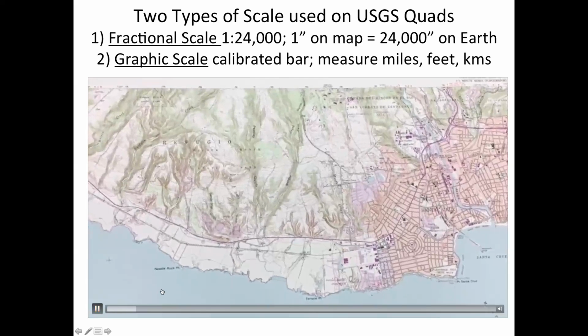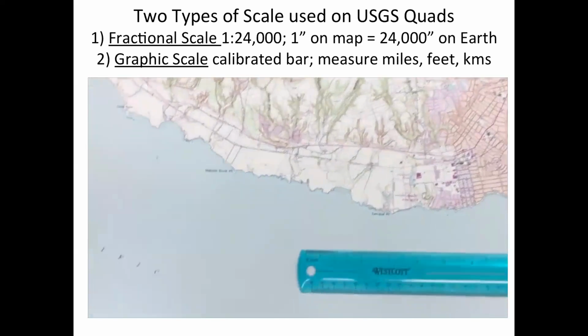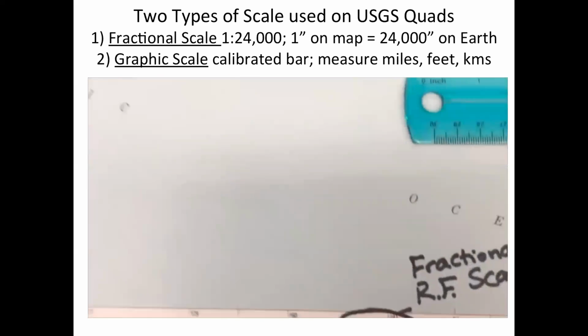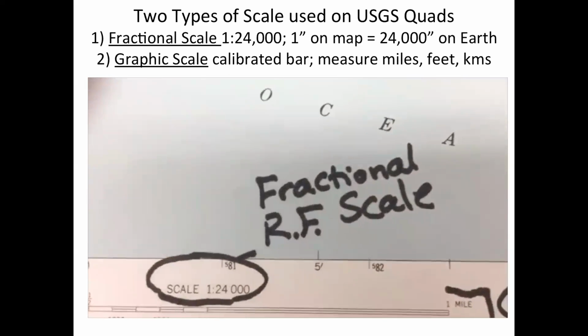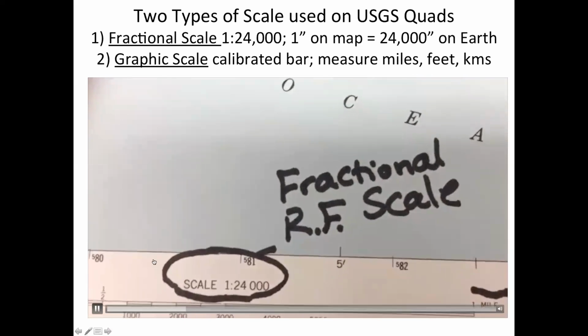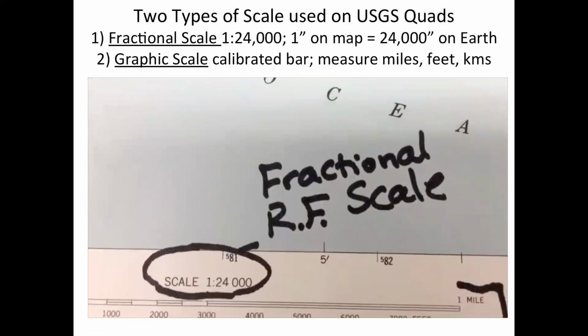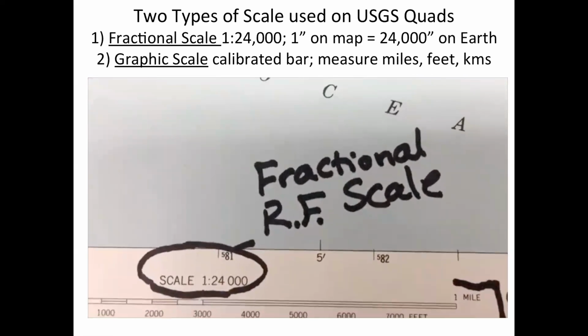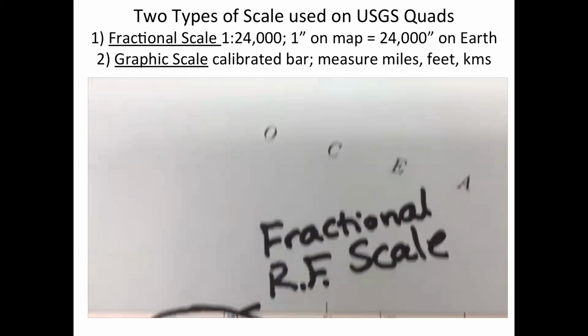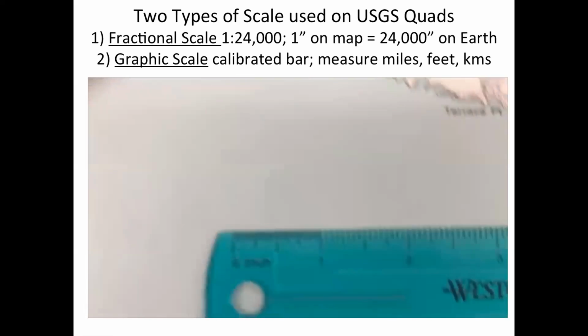When we look at the bigger map, but we want to focus in on scale here, we'll notice a scale down here at the bottom off the actual map itself of 1 to 24,000. Again, that is called a fractional scale, sometimes referred to as a representative fraction, even though it really is a ratio.